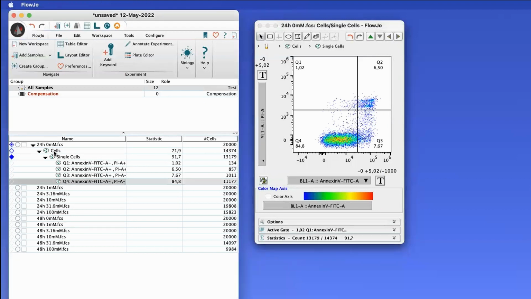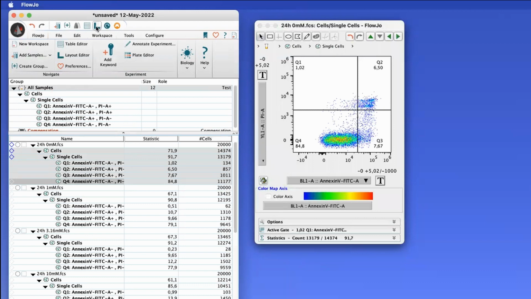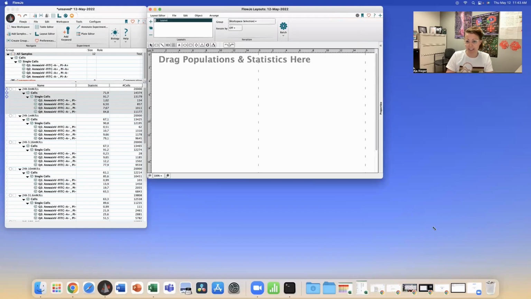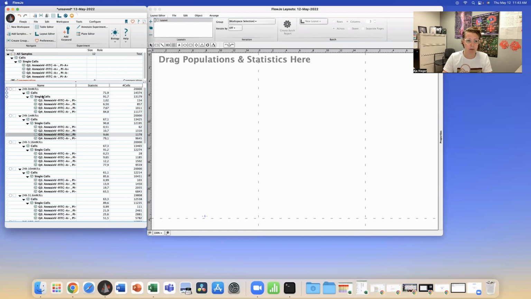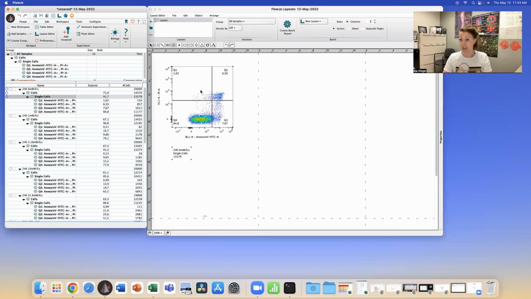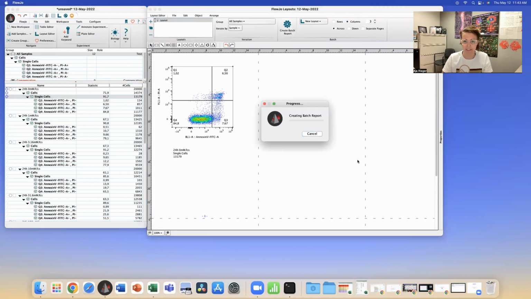So now that we have those gates set, we're going to apply these gates through our entire population. And I like to then just do a quick scan in my layout because I find this the most straightforward way to look at all my samples. So let's get a little batch report going here.